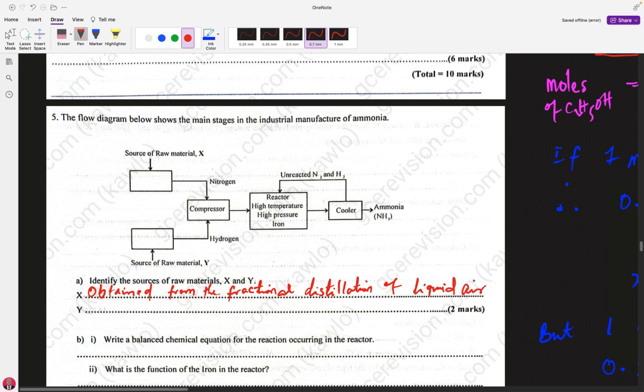So now, your main answer here is fractional distillation. Fractional distillation of liquid air. That's the answer there. Fractional distillation of liquid air.